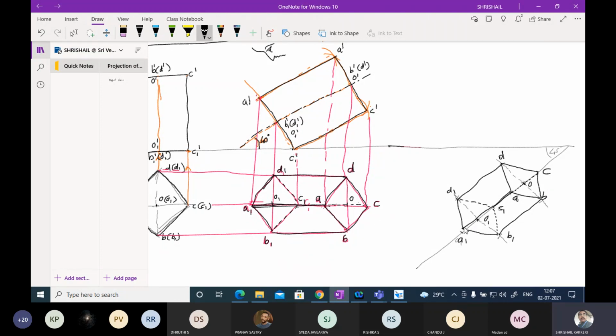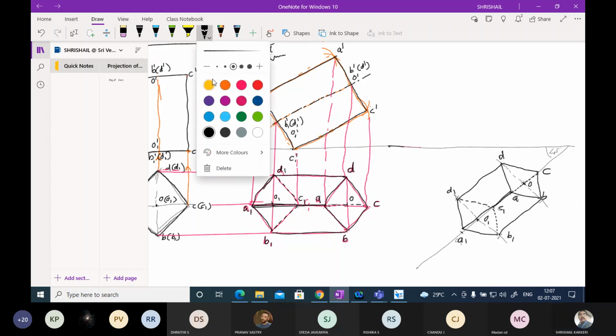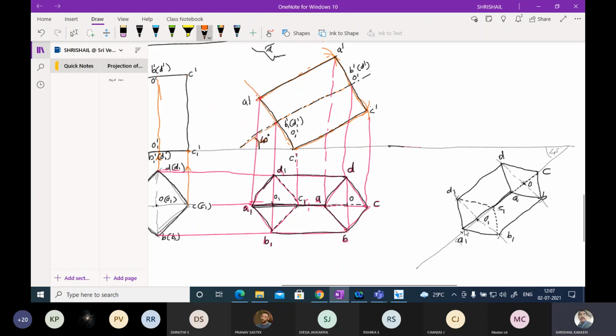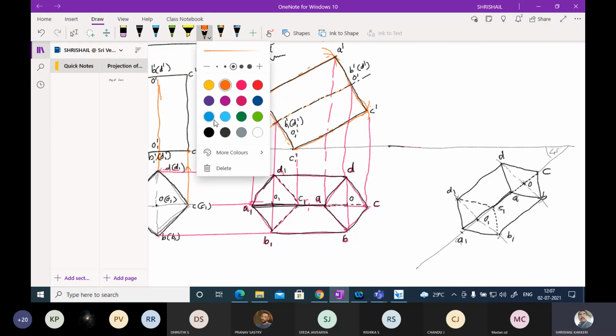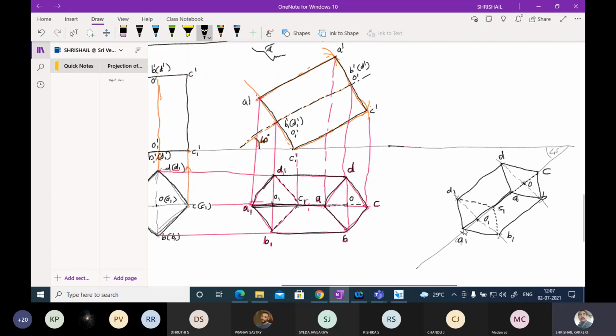Okay, let me go to this. From A, and from A. So this is point A1, bottom A and the bottom A, this is point A1.